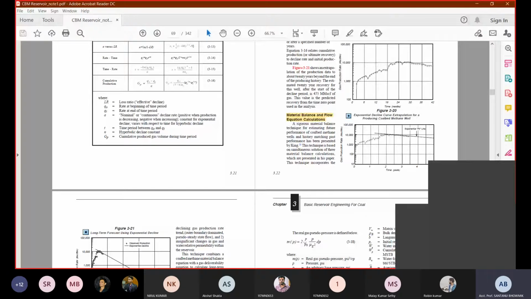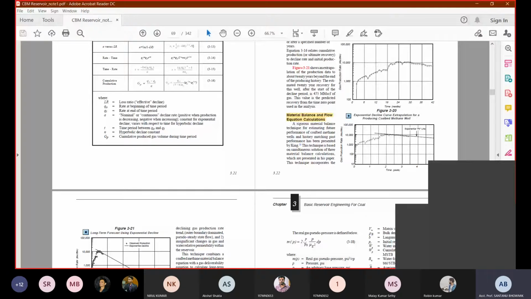Okay, and the material balance equation, as I mentioned yesterday also, whenever you are going to produce the gas, it is not only the pressure that is reducing. Depending on the pressure, the pore volume, the compressibility, the swelling effect or the shrinkage effect, the aperture dimension changes, the permeability changes.